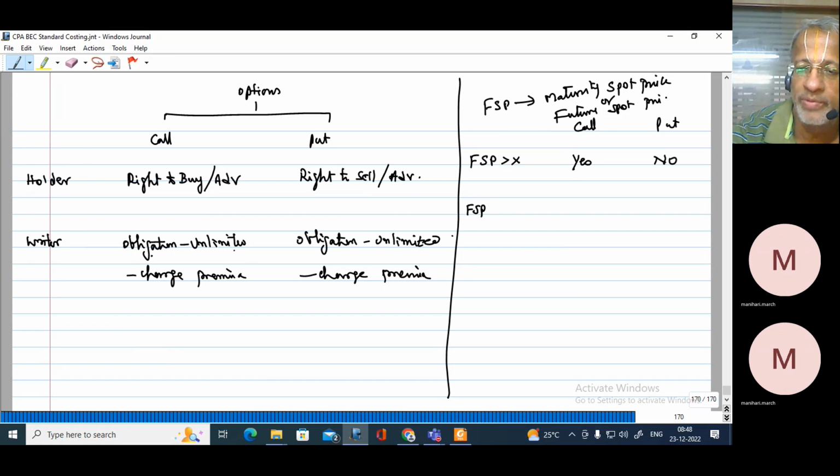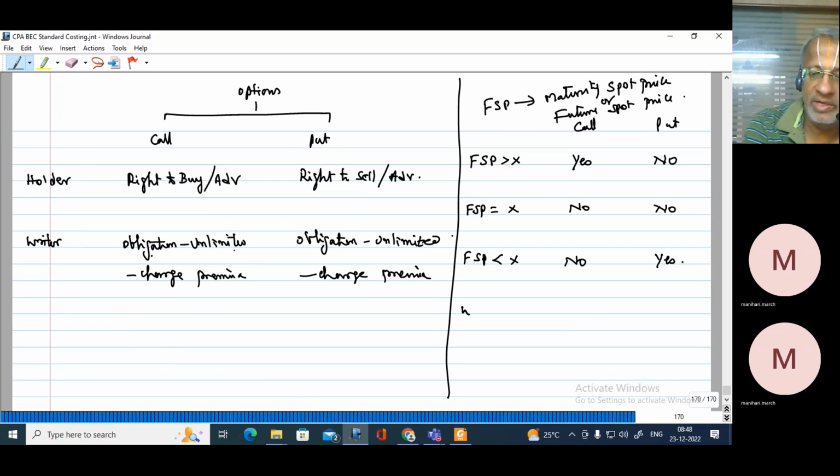Generally, spot price would mean present price. On the maturity date, what is the price? That is what normally all textbooks carry as FSP. If FSP is equal to exercise price, in both the cases, we will not exercise at all. When FSP is less than exercise price, here it is no and here it is yes.